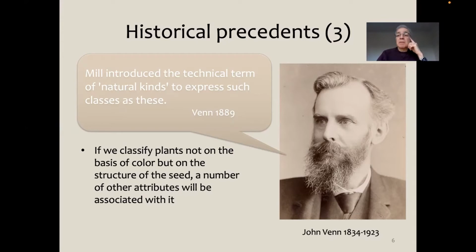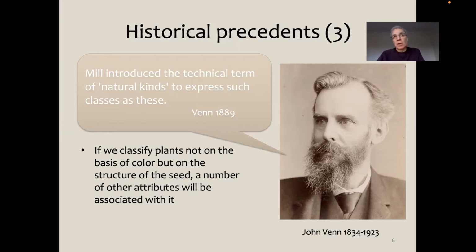Now, he introduced the phrase natural kinds. He attributed it to Mill, but interestingly enough, Mill doesn't ever seem to have used the phrase natural kinds. So it might be that John Venn was just misremembering. He unwittingly coined the phrase natural kinds, and we are now stuck with it, perhaps due to a misremembering on Venn's part of Mill's term. Mill talks about kinds.